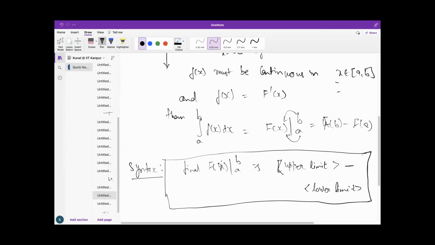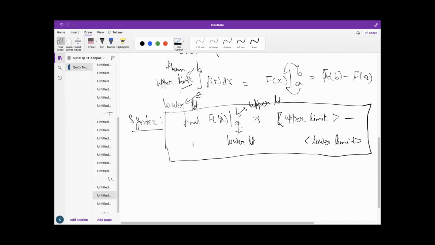So we have to first insert the upper limit and then the lower limit. The value of x written at the tail of the integral sign is known as the lower limit, and this is the upper limit. I hope you all understand.